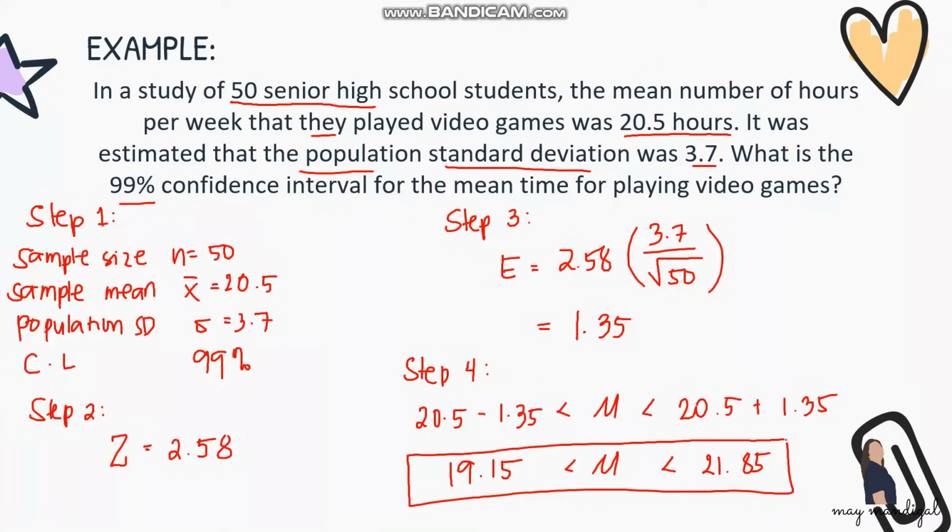So this means that we estimate that the population mean is between 19.15 and 21.85, within this range, given that our confidence level is 99%. So again, these are the steps that you will do if you want to identify the confidence interval, or the interval estimate, given that the population standard deviation is given.